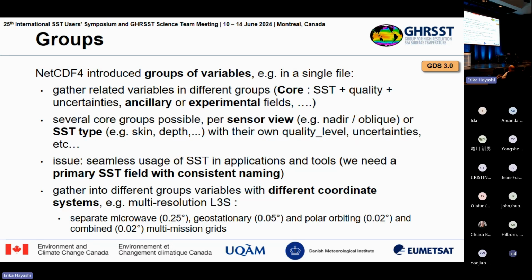If we start to have different groups with specific names, it could be more messy for the users to use and switch from one sensor, one product to another. So you have to be careful about that when addressing this, even if grouping is definitely a powerful tool.